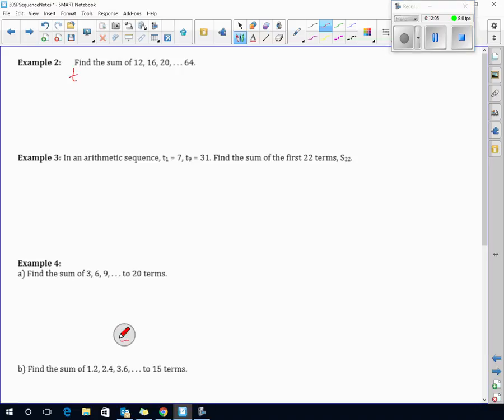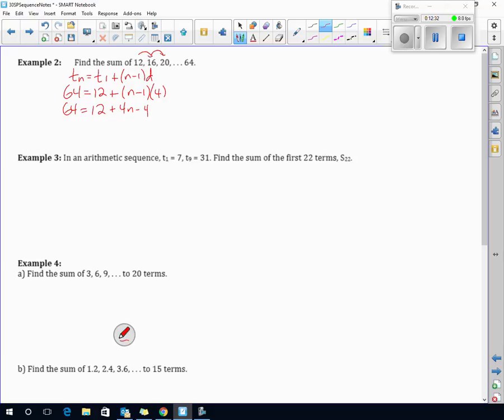What's the common difference here? You're going up by 4, right? So 64 equals 12 plus 4n minus 4. 12 minus 4 is 8. Move it over. We get 56. So n equals 14.